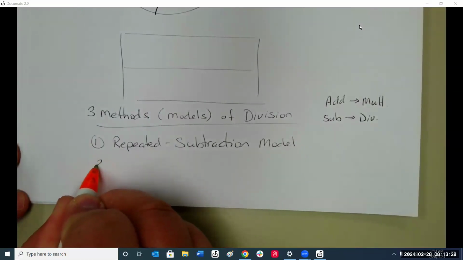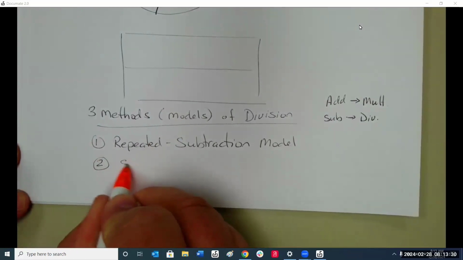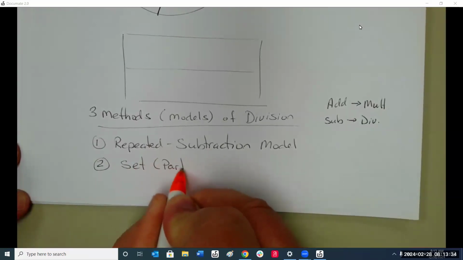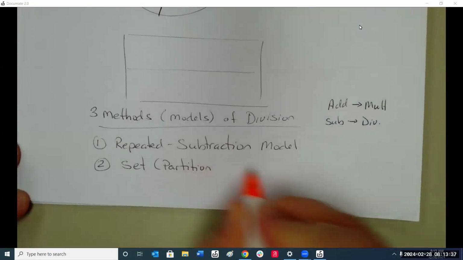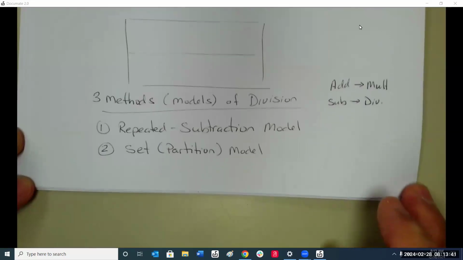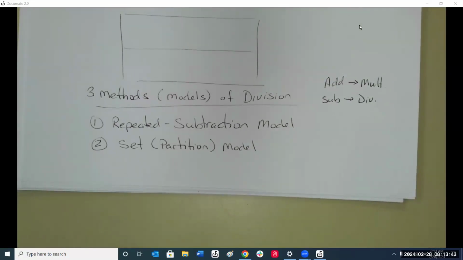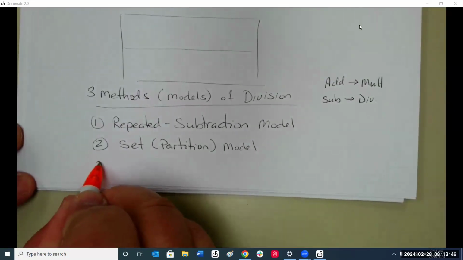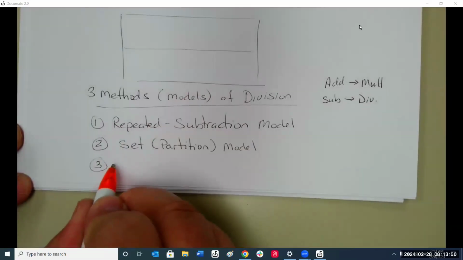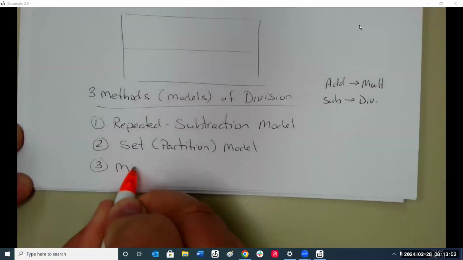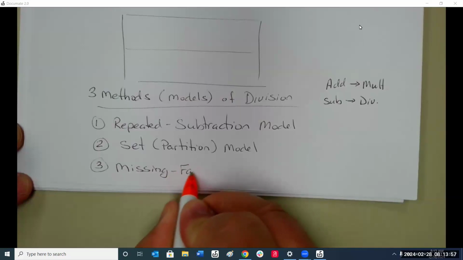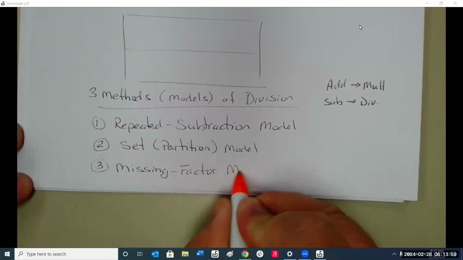The second model is the set or partition model. The third most common method is the missing factor model.